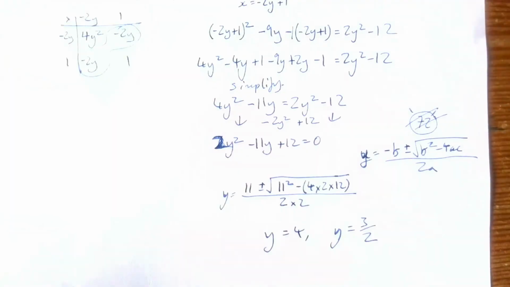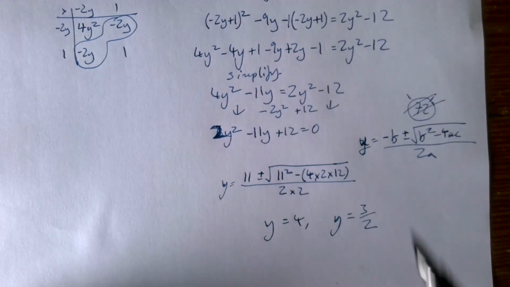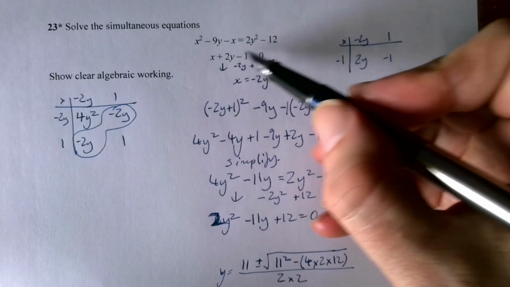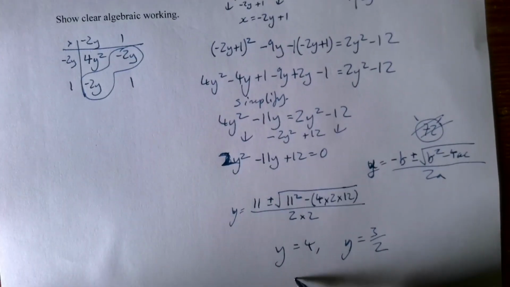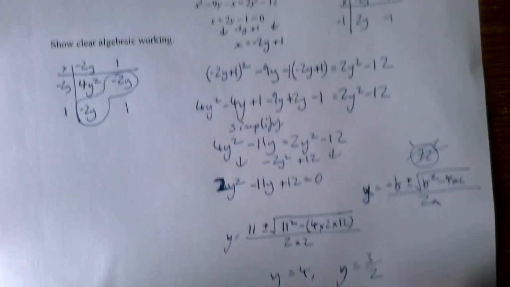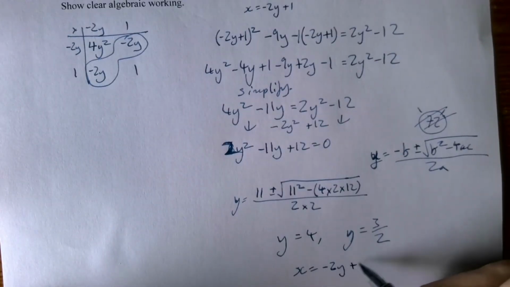Now I haven't got everything yet because I also need to work out what x is, but I can do that using the linear equation. So remembering that x, we'd rearranged it to that, hadn't we, equals negative 2y plus 1.